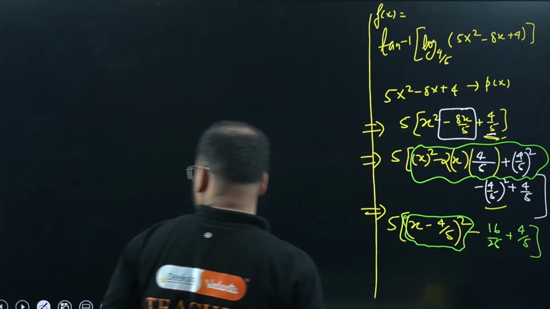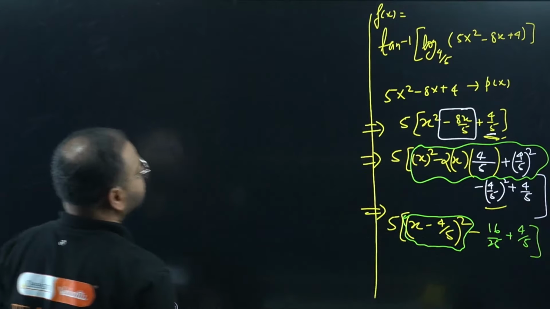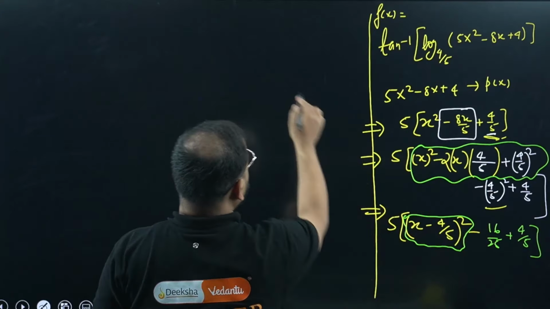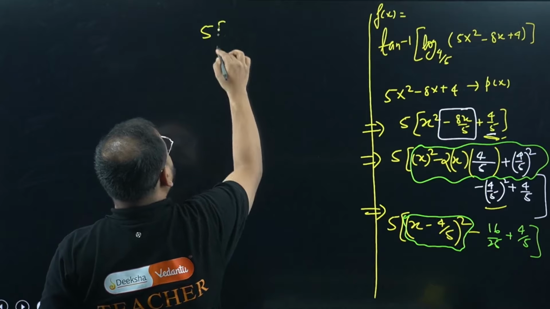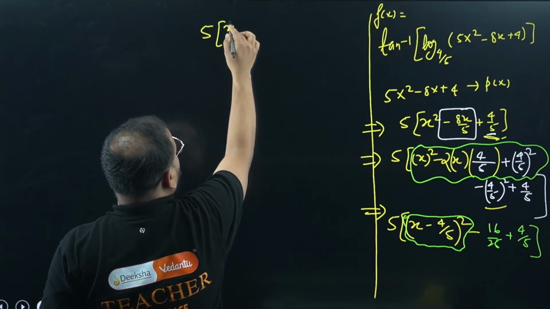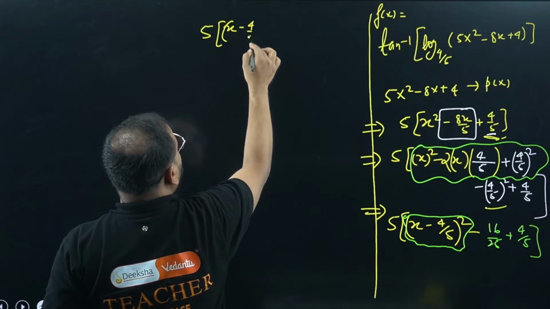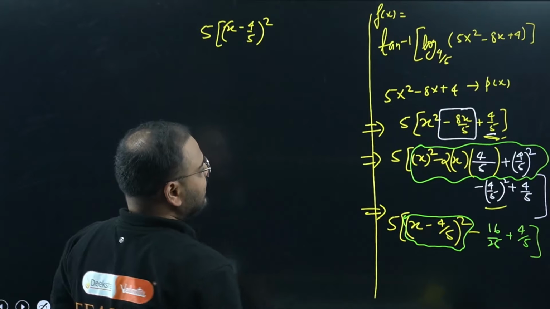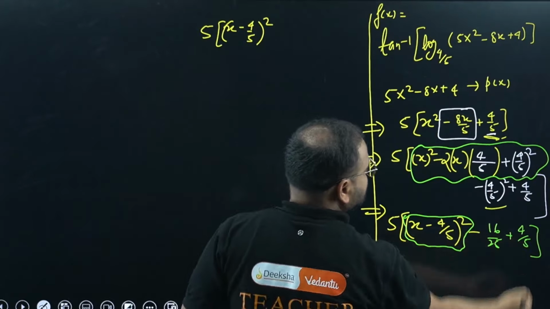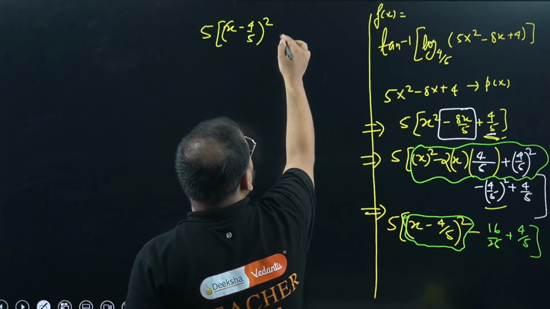Let us simplify this part. So this will become 5 times (x minus 4 by 5) the whole square, and minus 16 by 25 and plus 4 by 5. Let's take the LCM.